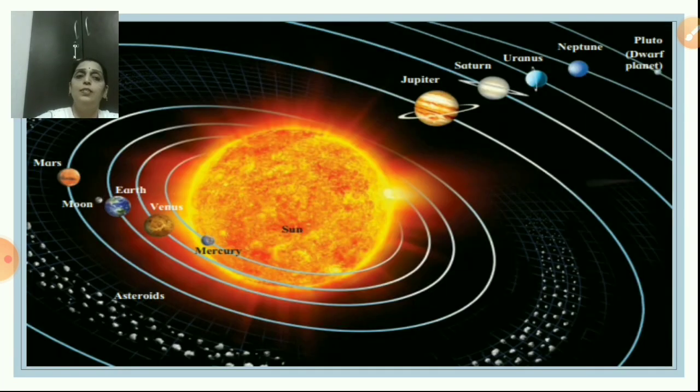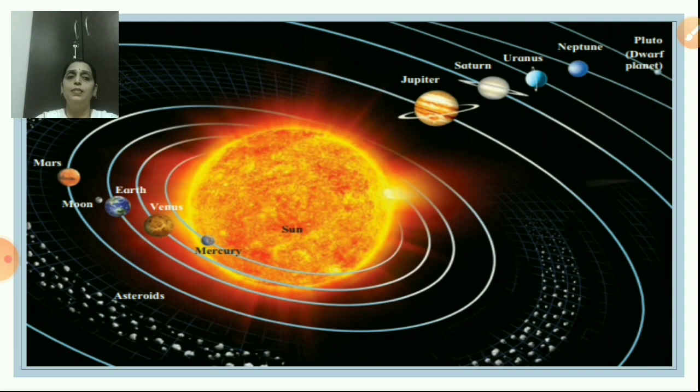Now this is the picture of the solar system. Students, we can see a big fireball in the center of the picture, that is our sun, and then 8 planets. So which are they? Mercury, Venus, Earth, Mars, Jupiter, Saturn, Uranus and Neptune are the 8 planets in our solar system.